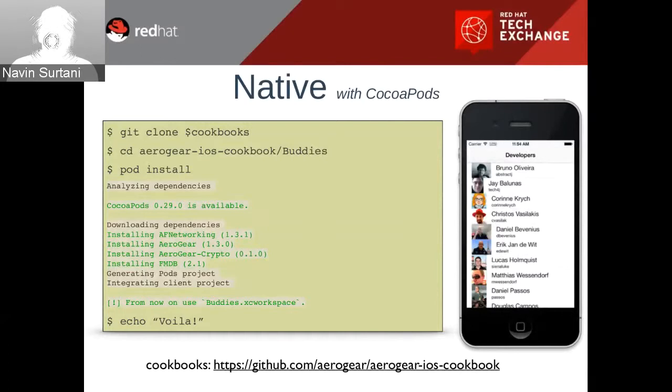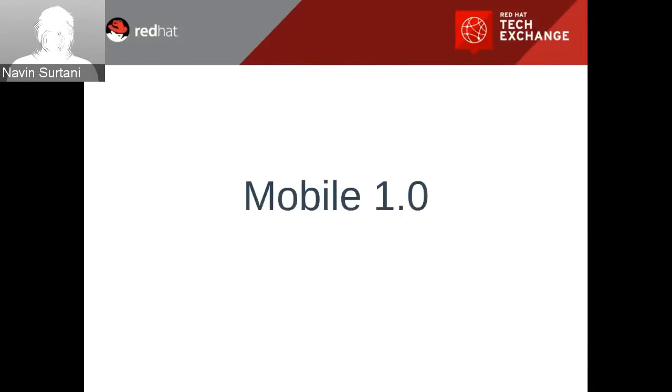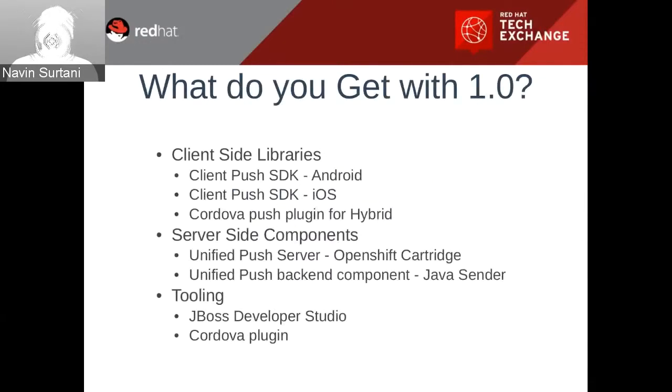So that's very simple. We have a number of cookbooks here, with everything you need, especially on push notification, which we'll be focusing on in mobile 1.0. The next slide, mobile 1.0. So what do you get with 1.0?